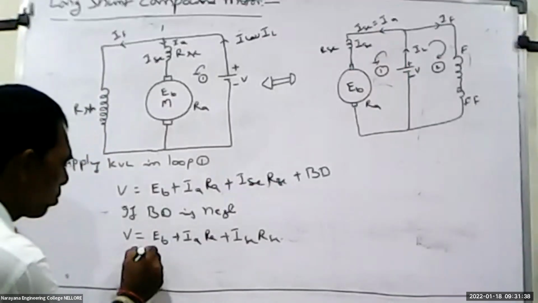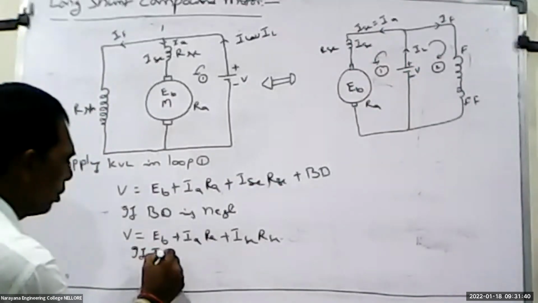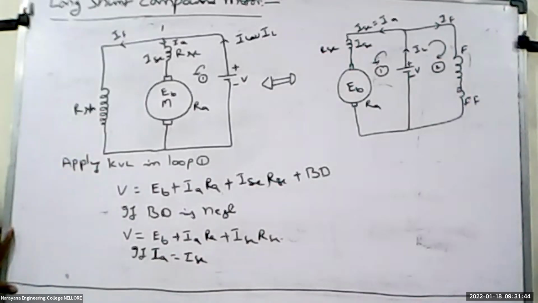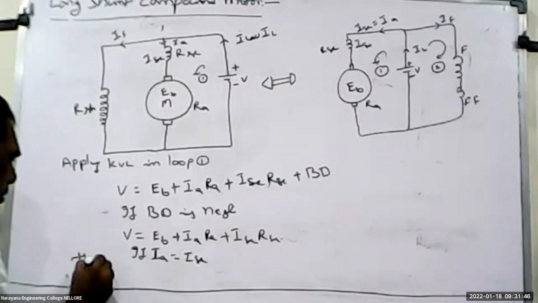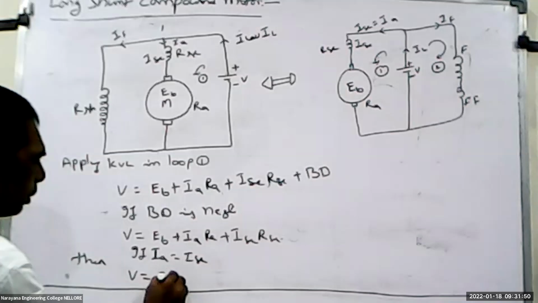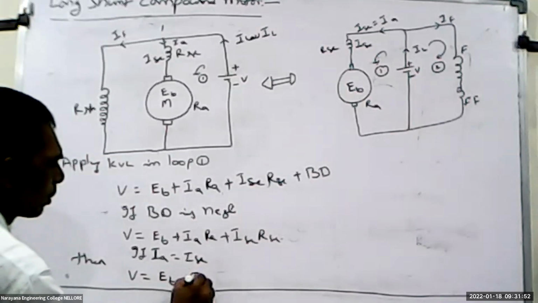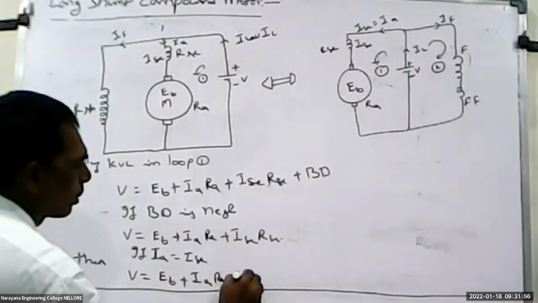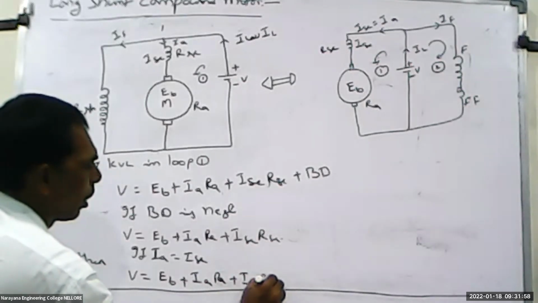So if IA is equal to ISC, then V is equal to EB plus IA RA plus IA RSC.